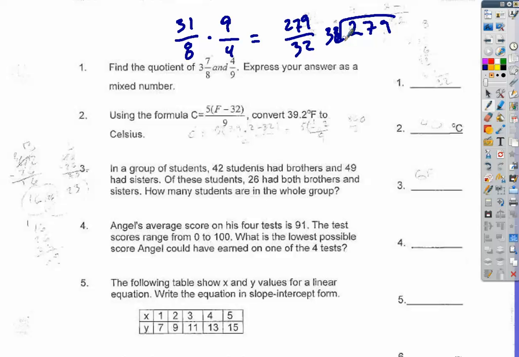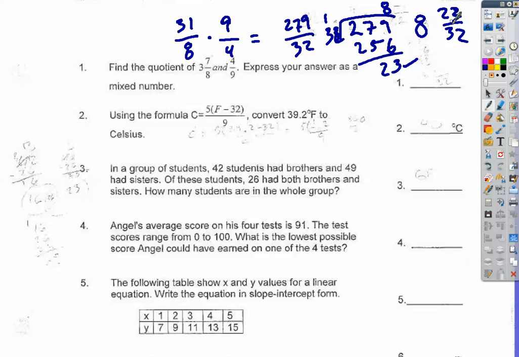So I'm going to guess 8. 8 times 2 is 16, carry the 1. 8 times 3 is 24, that's 25. So we subtract, we get 3, 2, so we have 8 and 23 32nds. Oh sorry, I couldn't transpose, that's 33.